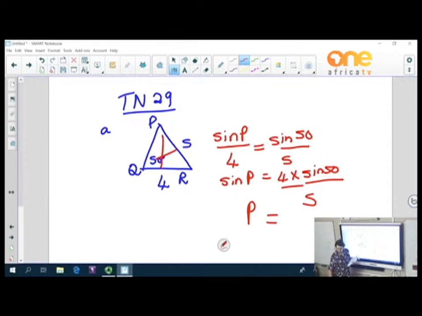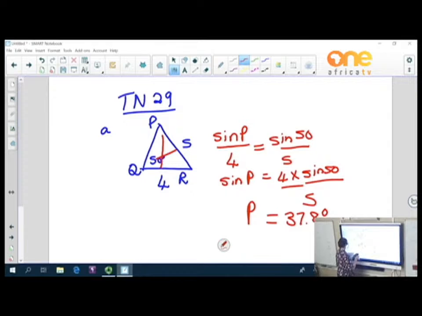So you have to rewrite it as P. And we do this with second function sine, bracket, 4 times sine 50 close, divide by 5 close, is equal to, and I got 37.8 degrees.